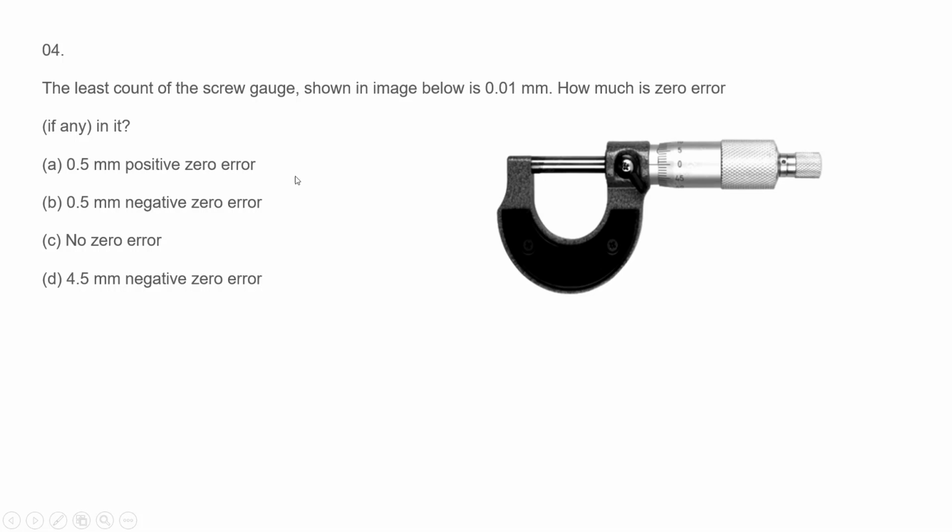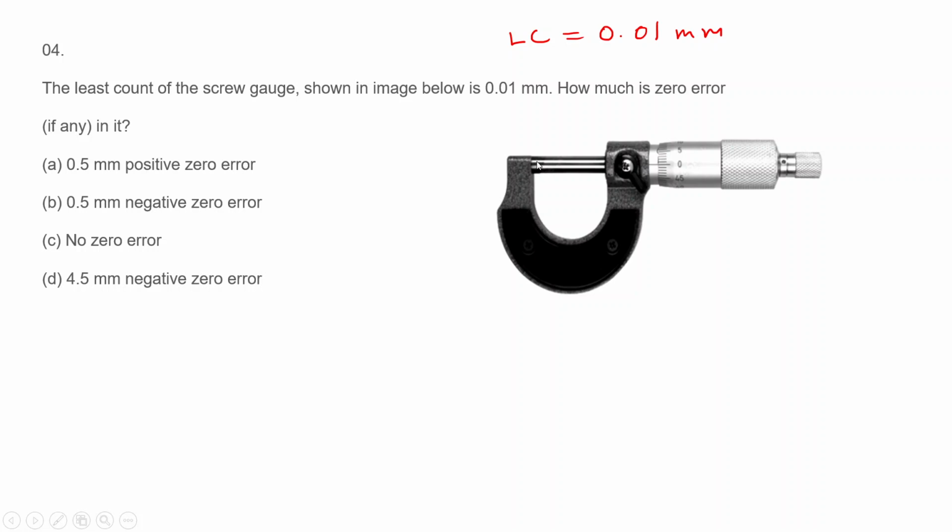Okay, this question is based on screw gauge. As shown in the image below, the least count of this screw gauge is given to be 0.01 millimeter. How much is the zero error, if any, in it? Okay, so I hope you guys are able to see this image.